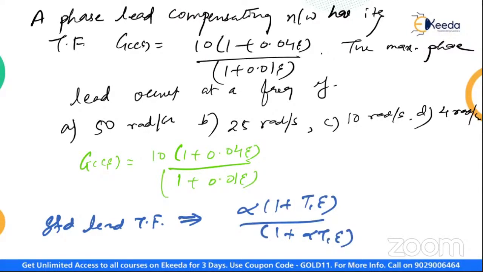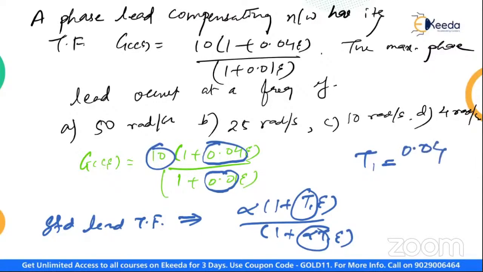This is the standard transfer function. If you compare them, you get alpha T1 equal to 0.01 s, and here you get T1 equal to 0.04 s, and similarly you get alpha equal to 10. So basically, what is T1? T1 is 0.04. What is alpha? Alpha is 10. What is alpha T1? It is nothing but 0.01. Since alpha is 10, T1 is nothing but what? 0.001. Correct or not?